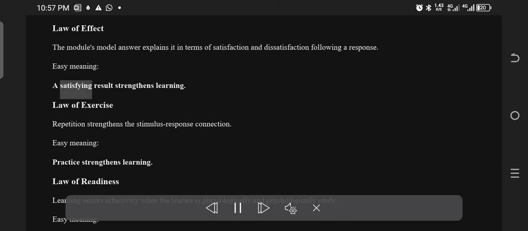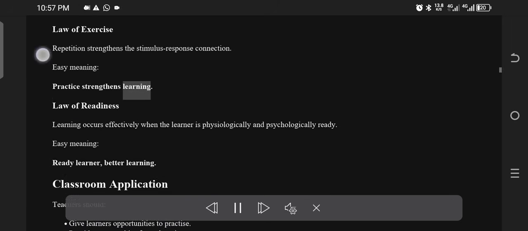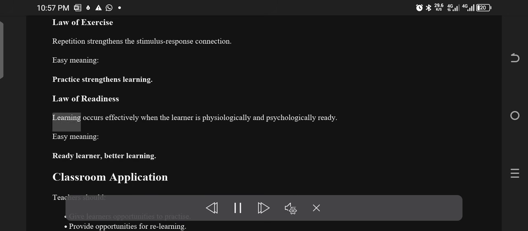A satisfying result strengthens learning. Law of exercise. Repetition strengthens the stimulus-response connection. Easy meaning. Practice strengthens learning. Law of readiness. Learning occurs effectively when the learner is physiologically and psychologically ready. Easy meaning. Ready learner. Better learning.